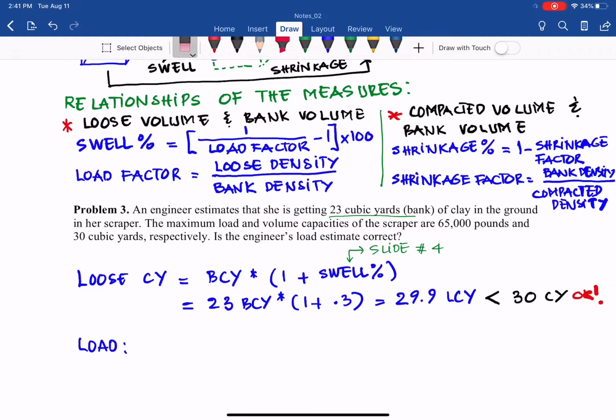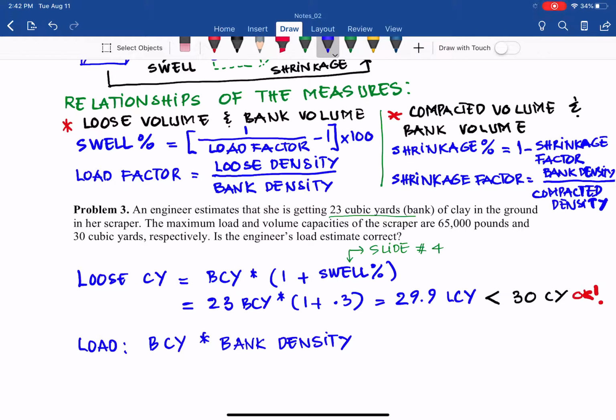So if we're talking about the bank cubic yard, then the density has to be the bank density. So we have BCY, that is volume, times bank density, or you can say loose cubic yard times loose density.